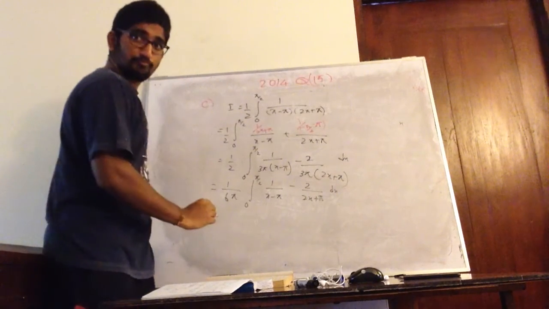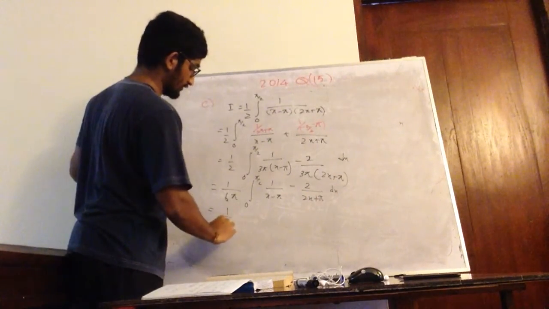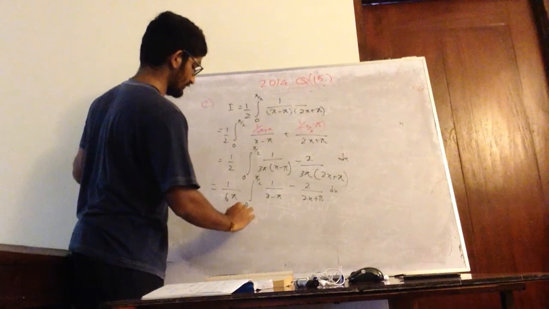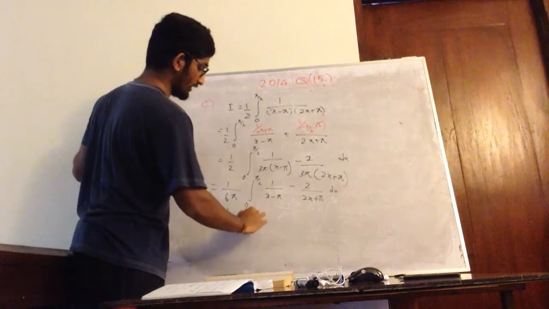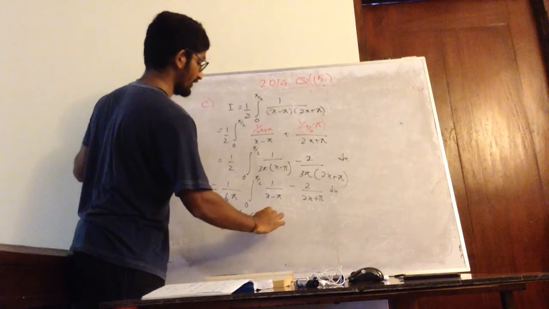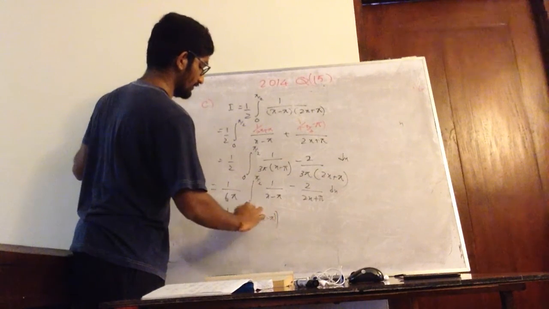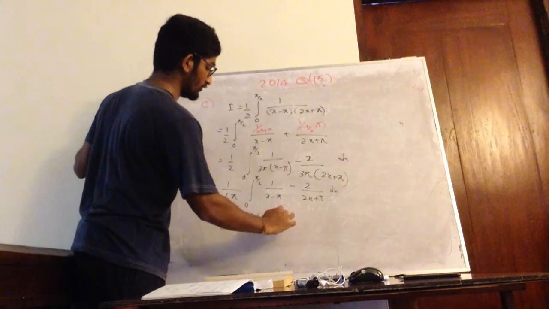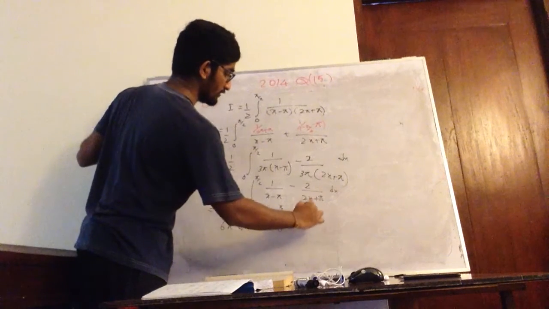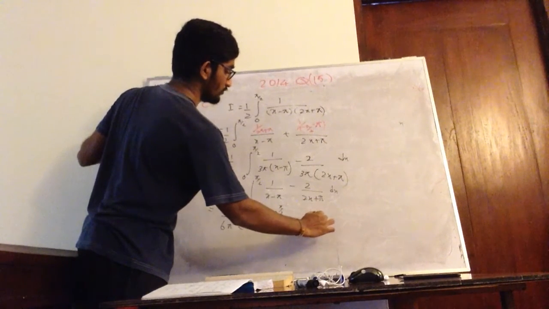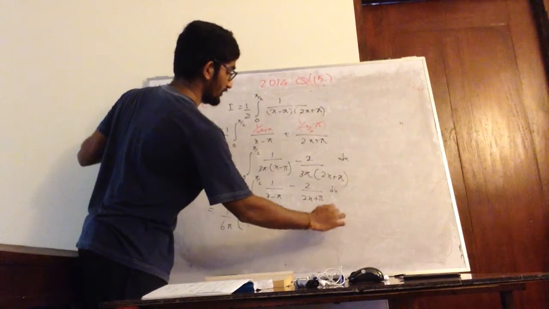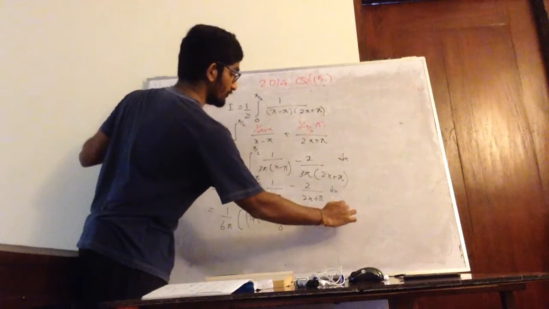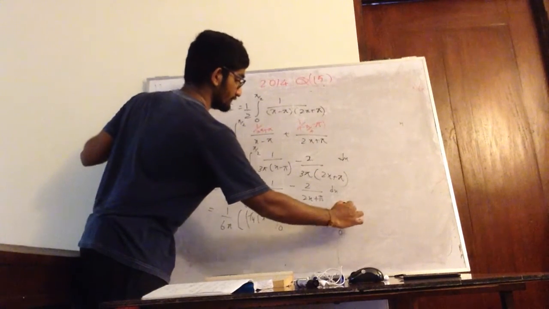So I get ln of x minus 5, evaluated from 5 over 2 to 0, minus ln of 2x plus 5, evaluated from 5 over 2 to 0.